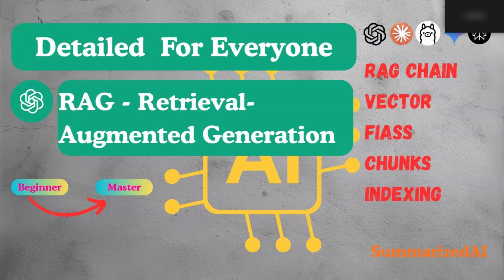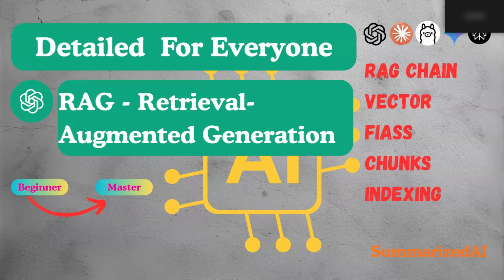A context aware response means the AI doesn't just produce a generic or random reply. Instead, it ensures the answer is grounded in the most relevant and reliable information available.